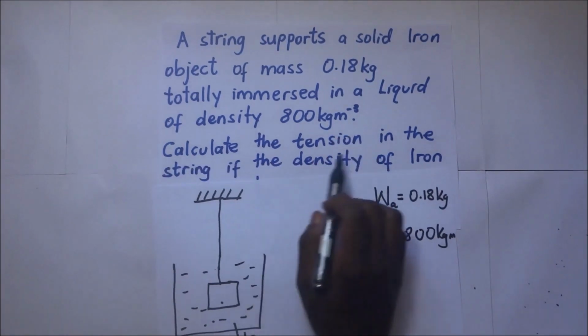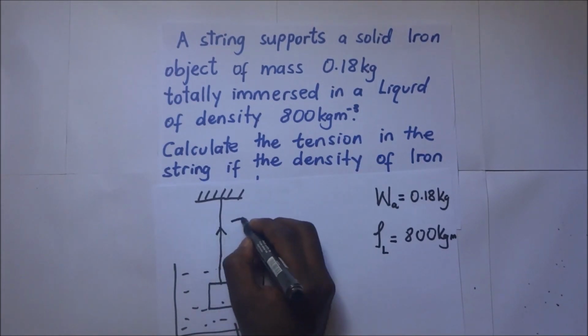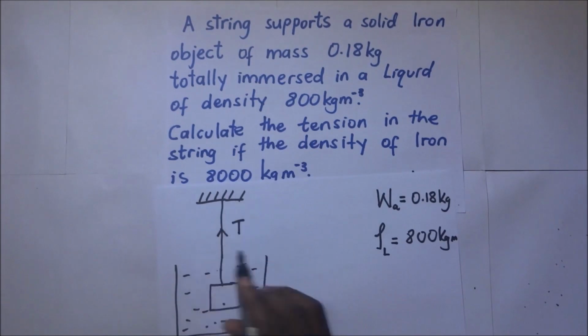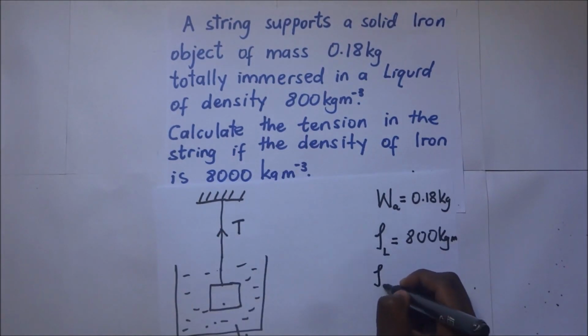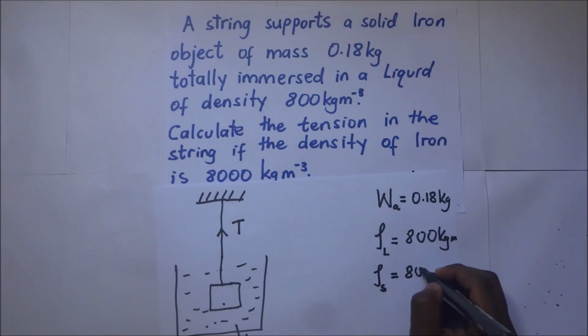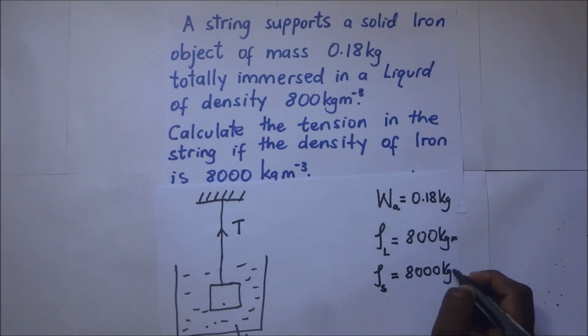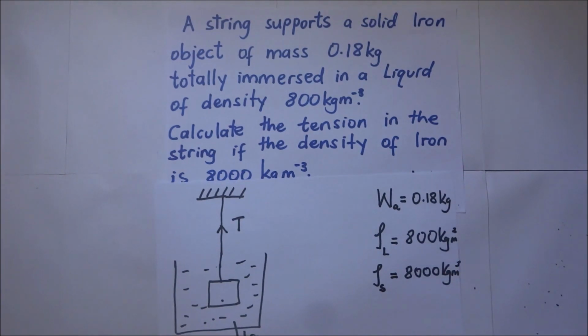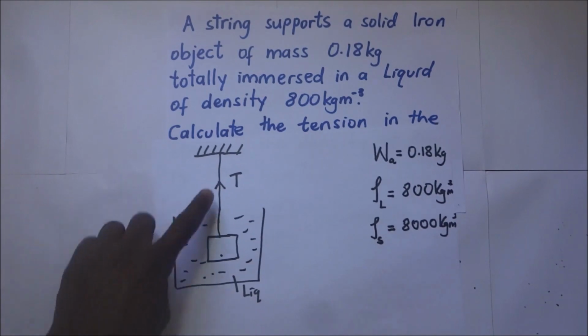They're asking us to calculate the tension in the string if the density of the iron, let's call it the density of that solid, is 8,000 kilograms per meter cubed. And they want us to find the tension in the string.